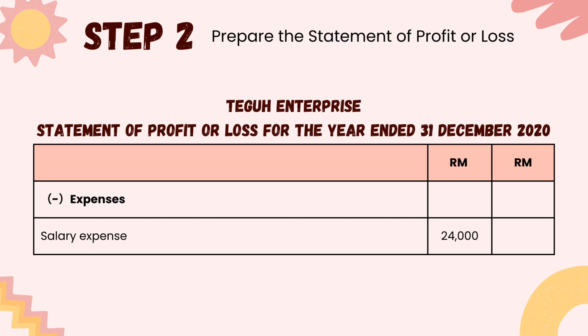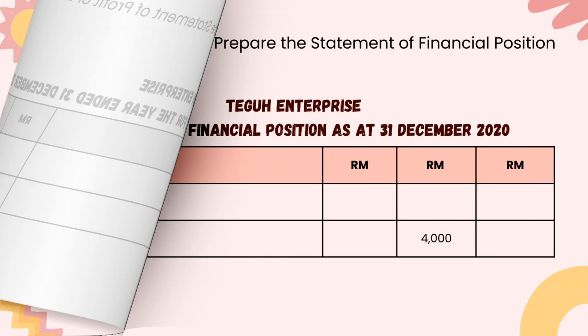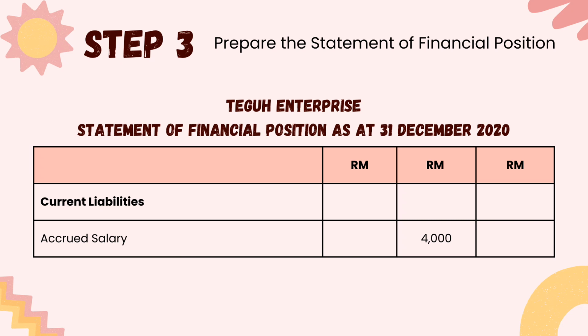So we need to state our salary expense 24,000 under expenses, and we got our 24,000 by adding 4,000 from accrued salary. Step 3. Prepare the statement of financial position as at 31 December 2020. Accrued salary is under current liability, which is 4,000.